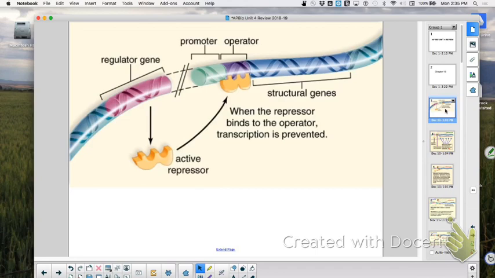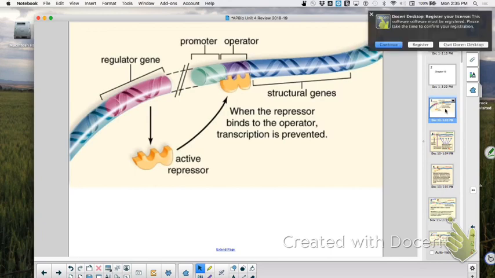Maybe not an enzyme, but something else that we talked about. Lactose is the example, and you call that an inducer. Usually you need an enzyme to break that inducer down. So an inducer like lactose binds to the repressor and pulls it away because it cannot bind to both simultaneously. Now RNA polymerase gets on the promoter and transcribes those genes.